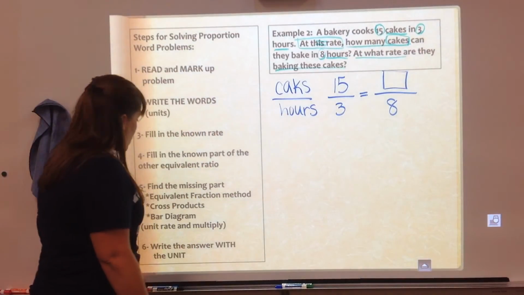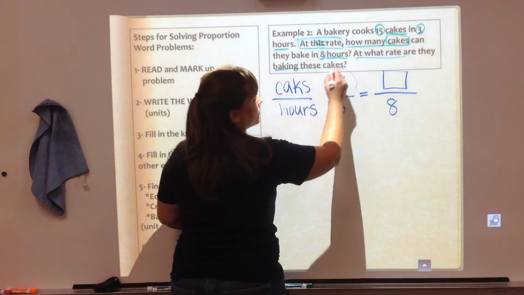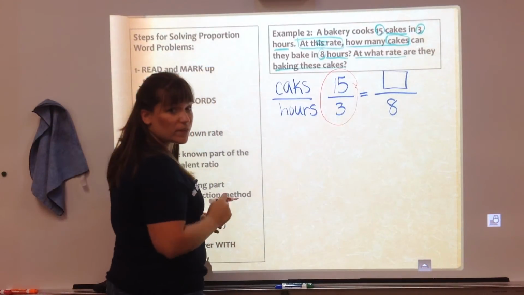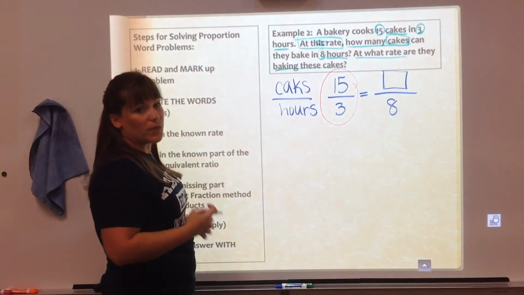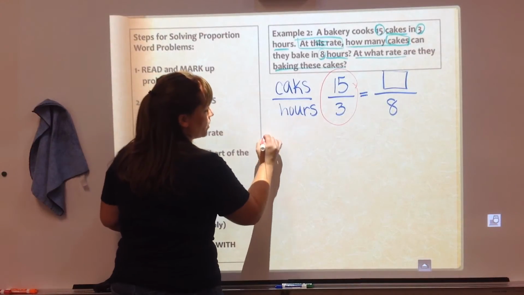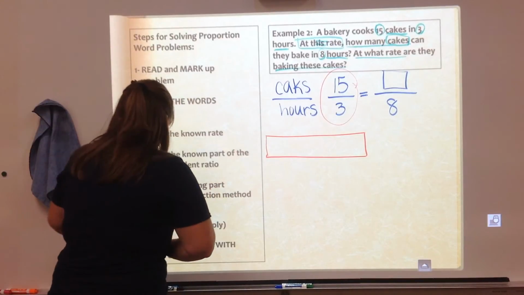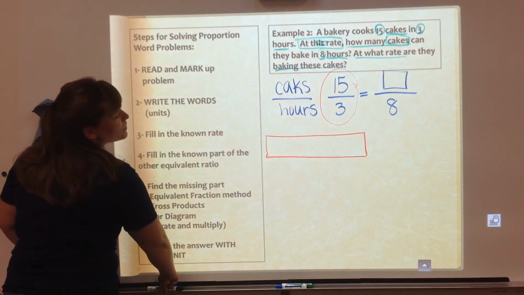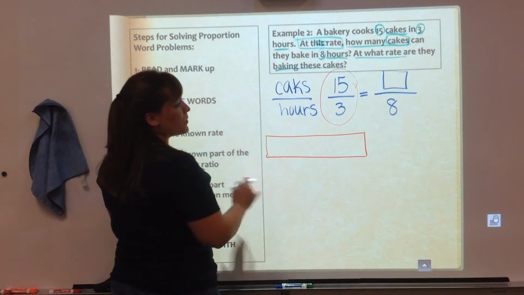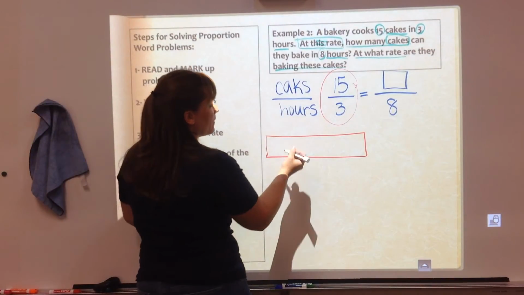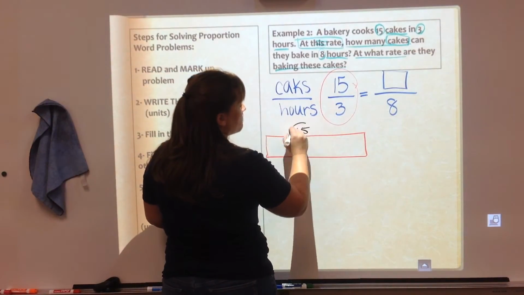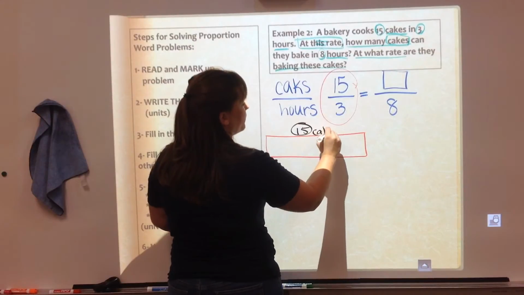So I have to do one of my other 2 options. If I were going to take this rate and draw it, 15 cakes in 3 hours, I would use what's called a bar diagram. So what happens is the whole bar represents the entire 15 cakes that are made. Okay?